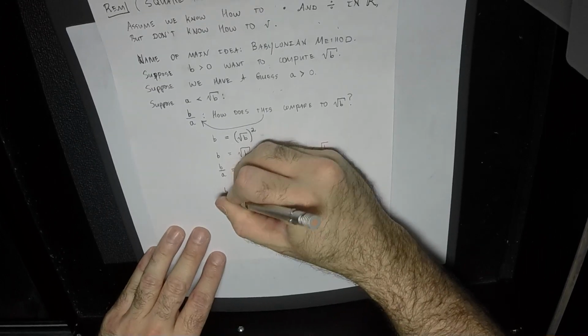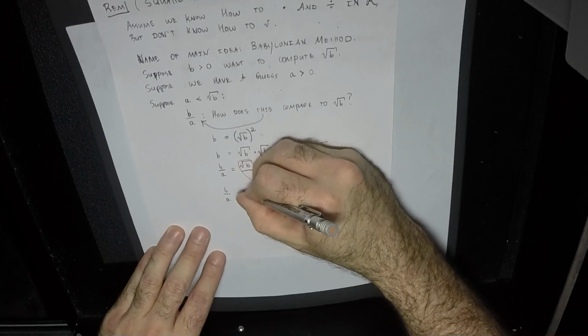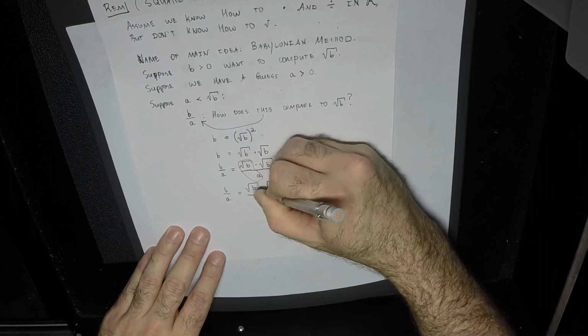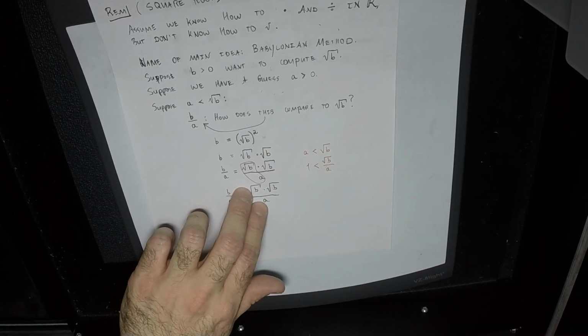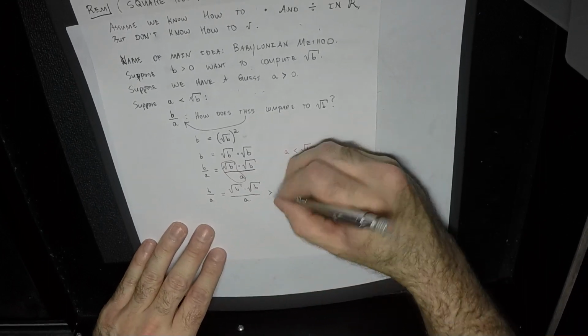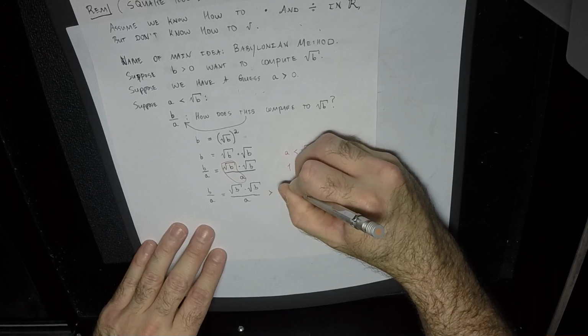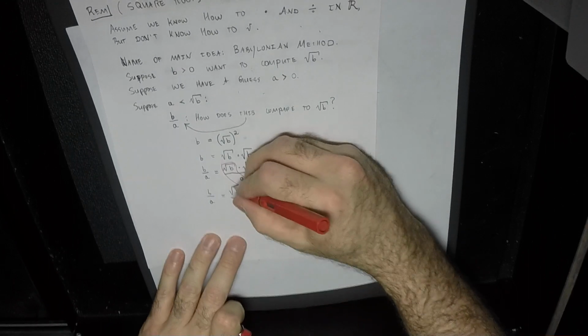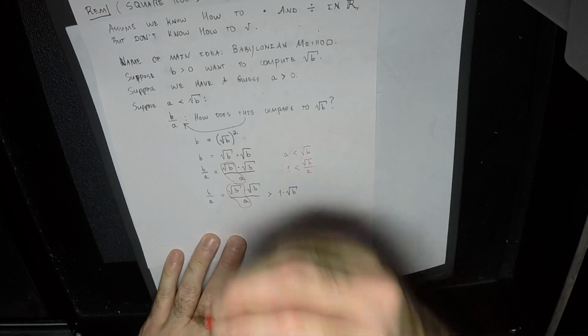Because the statement is that you have B over A is exactly equal to the square root of B multiplied by the square root of B divided by A, but that factor right there is more than 1, so if we replace it with 1, then we have just 1 multiplied by the square root of B. So this factor, because it's more than 1, when we replace it with 1, changes from equality to inequality.